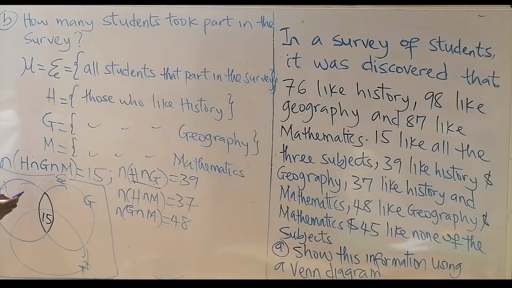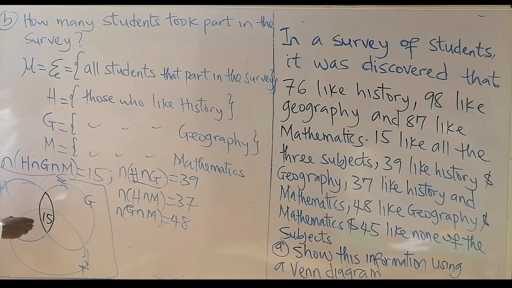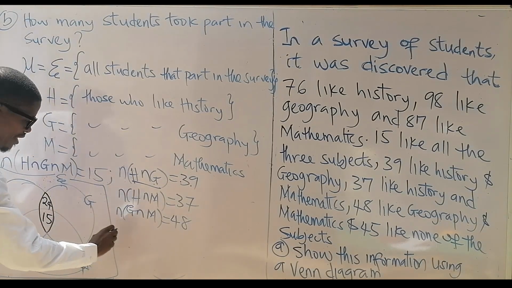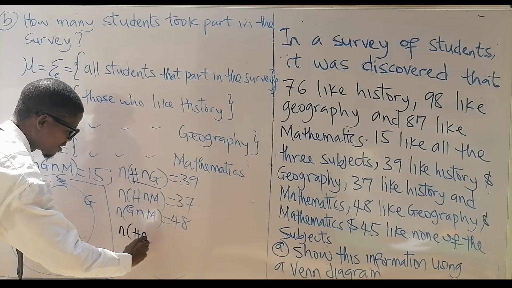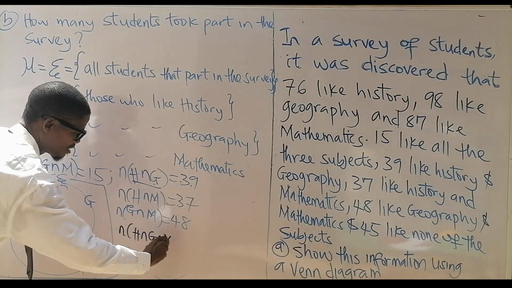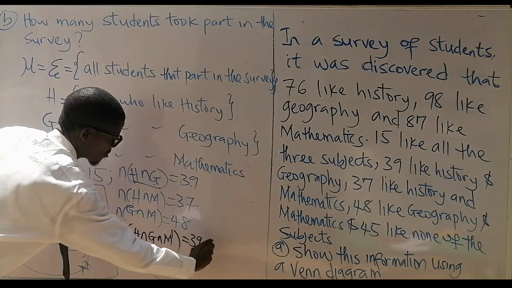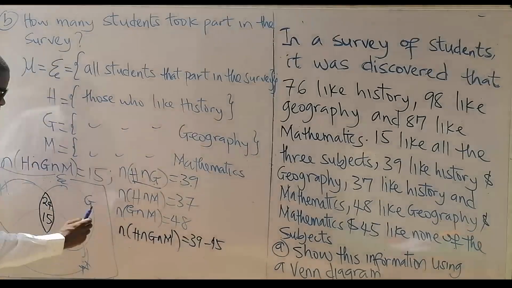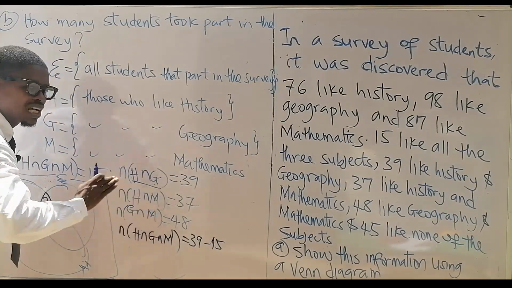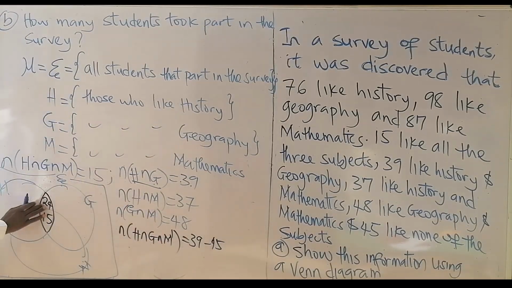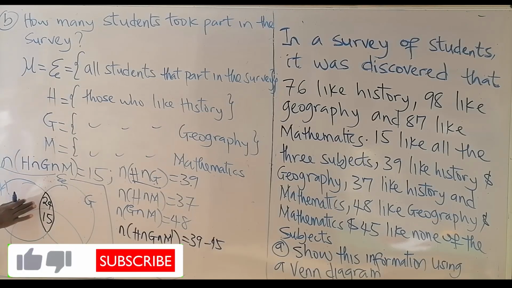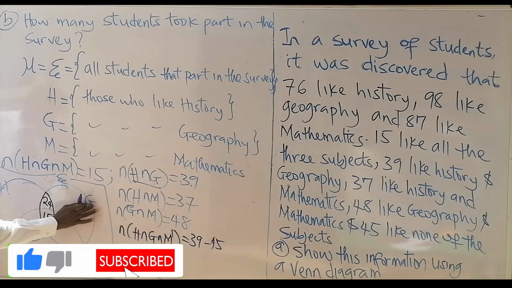That means you are going to deduct 15 from 39. Now we get 24 in this place. The symbol for that is H intersect G intersect M prime. 39 minus 15, and that is the history and geography only, and that's 24. And by the time you add it together, you still get back your history and geography as 39.